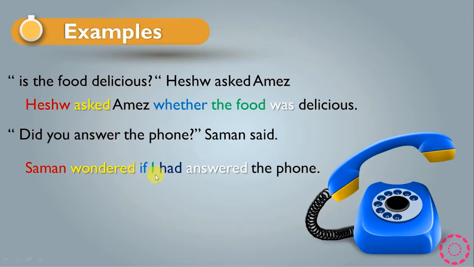We have I, which is the subject, had, which is the auxiliary verb for past perfect, and after had it should be the past participle, answer becoming answered by adding ed, which is regular, and the phone, which is the complement.